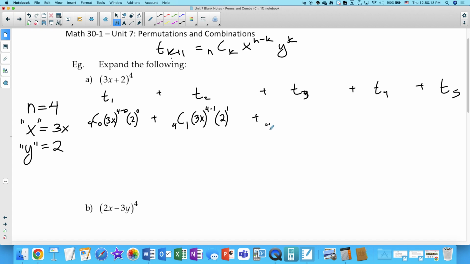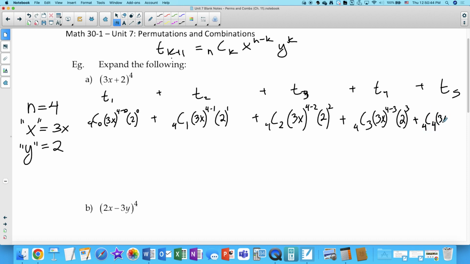So this is 4 choose 2 times 3x to the 4 minus 2 times 2 squared. Right, and this one is 4 choose 3 times 3x to the 4 minus 3 times 2 cubed. And then finally, 4 choose 4 times 3x to the 4 minus 4 times 2 to the 4.